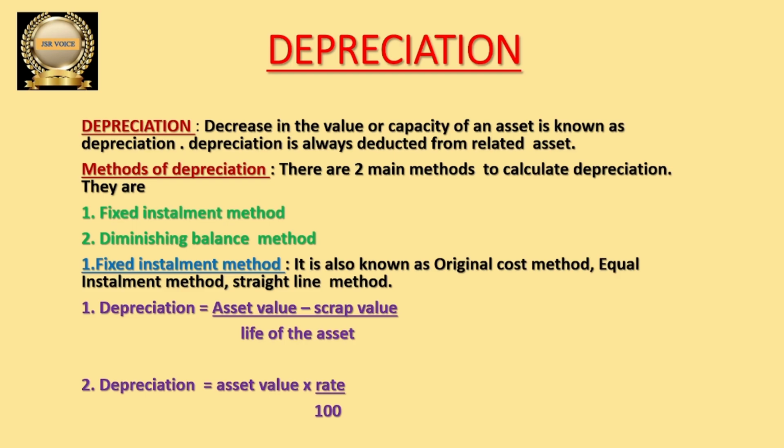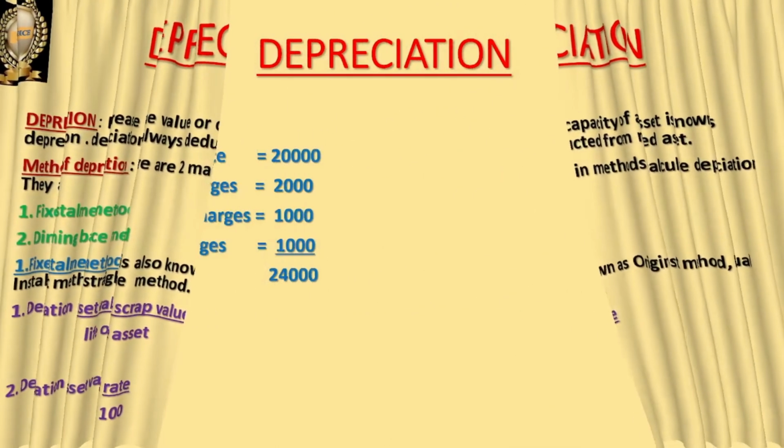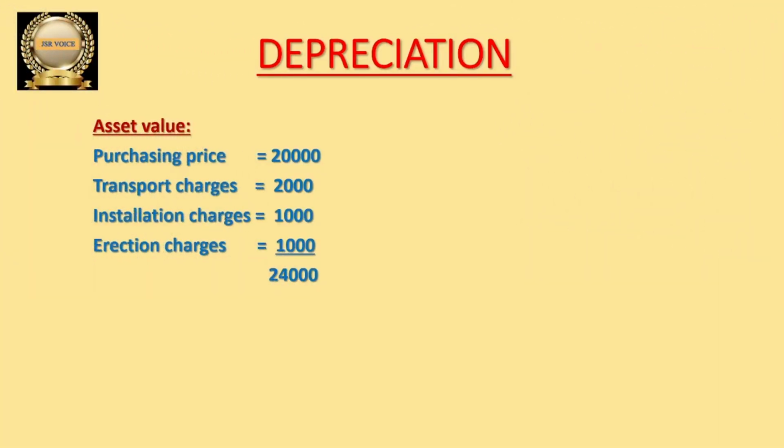Let us discuss clearly what asset value is. Just now I explained it, but let us discuss it again. Asset value means we should add 4 items. What are those 4 items? Purchasing price, transport charges, installation charges, erection charges. I'll give you one example of why we should add all this. Suppose one business is set up in one place, for example Delhi.